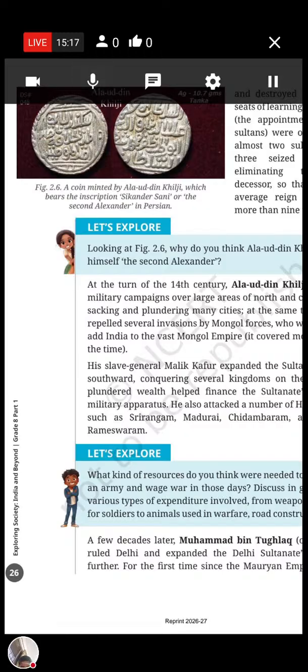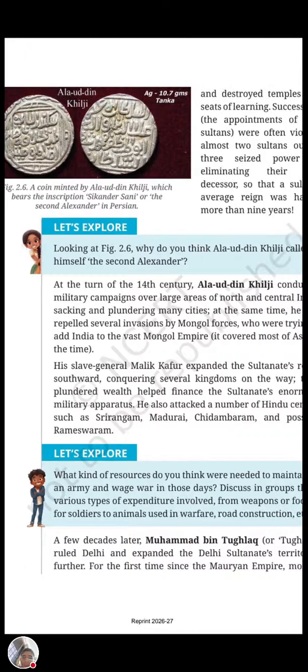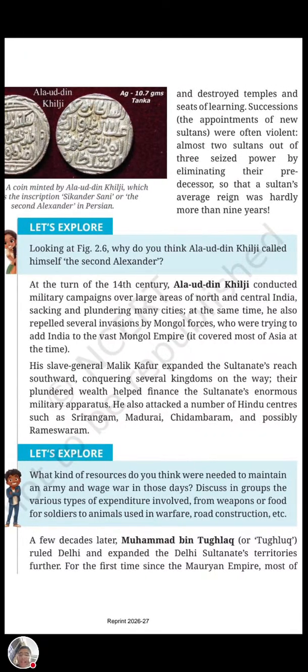Alauddin Khilji was best known for his military campaigns, as the lesson is telling us. Because of his military campaigns, he was very popularly known as Alexander. Why?